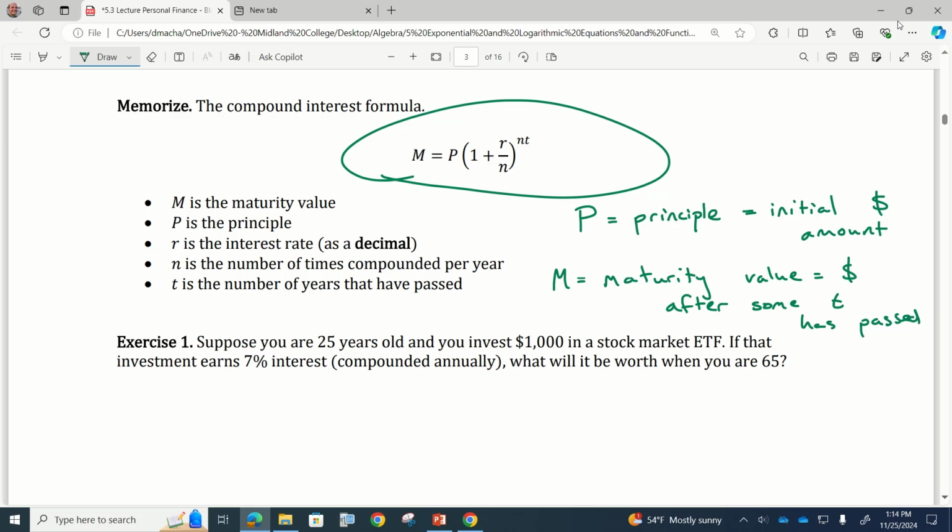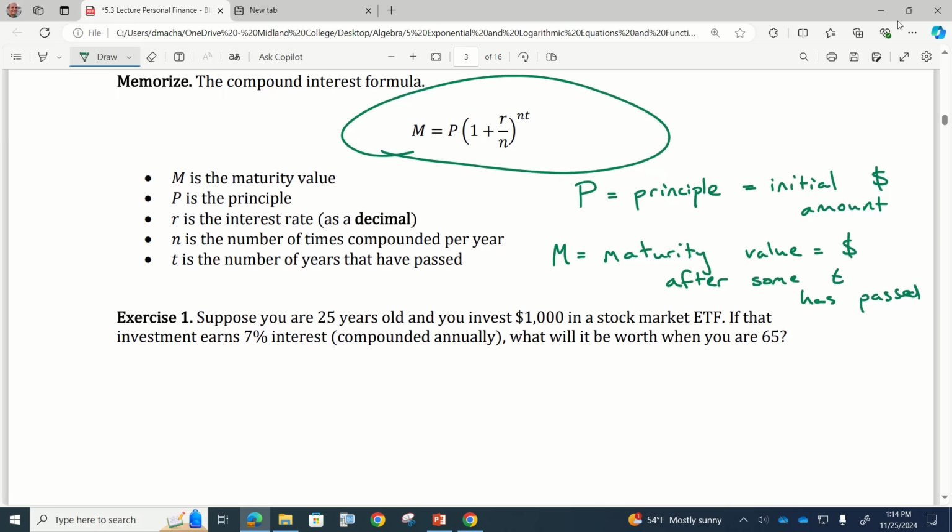So here's an easy question. Using this formula, suppose you are 25 years old and you invest $1,000 in the stock market ETF. If that investment earns 7% interest compounded annually, what will it be worth when you are 65 years old?